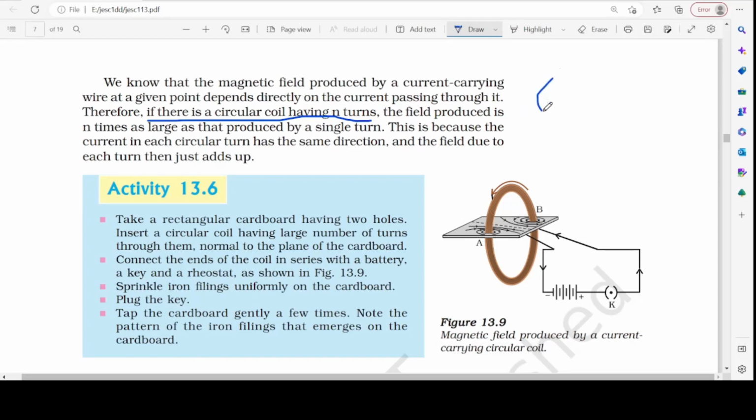Because if our coil has n turns, then each turn will produce its own magnetic field, and as the turns are the same, each magnetic field magnitude will be added up. So the magnetic field will become n times the original magnetic field. So we can write it as n into B.